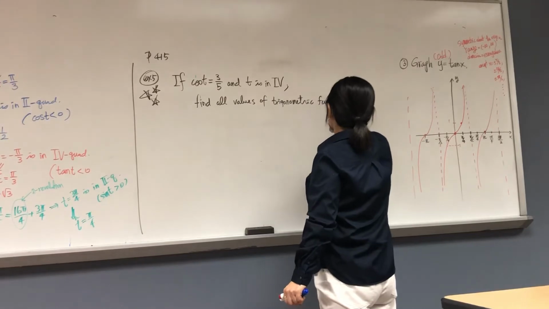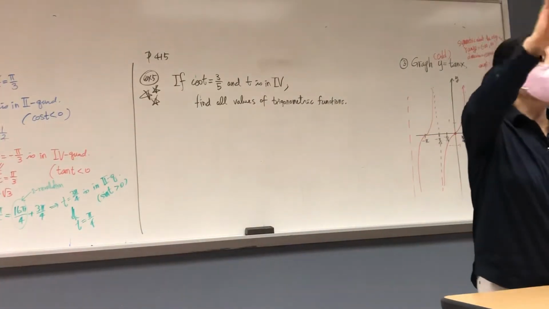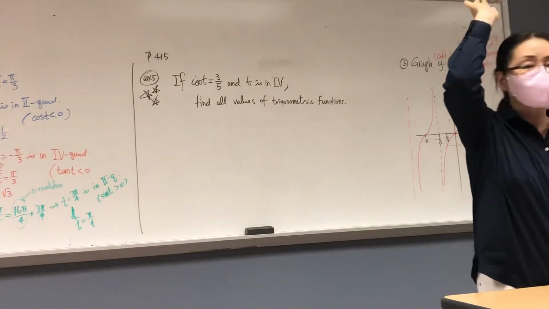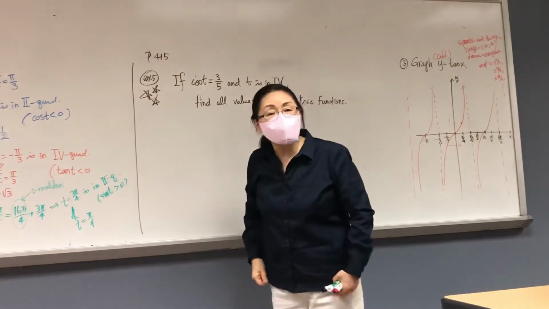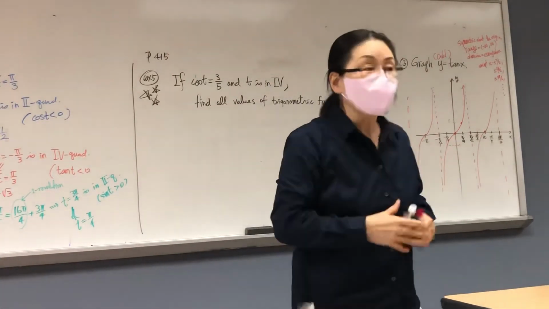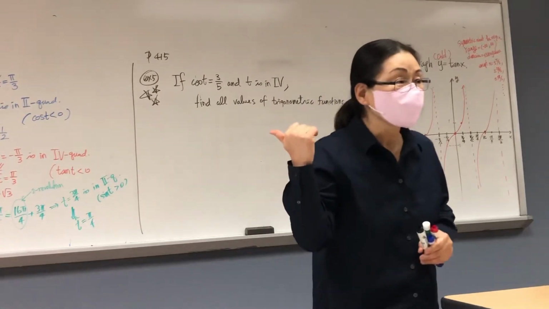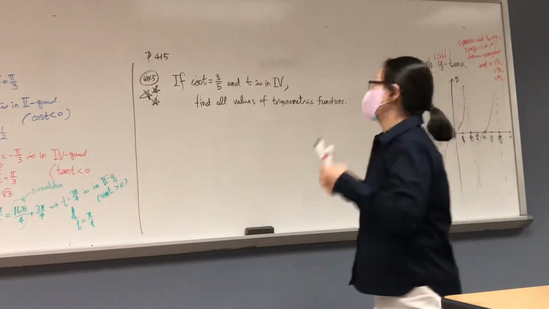I introduced 6 functions, right? Sine, cosine, tangent, cosecant, secant, cotangent, yes? You know cosine, and then the other 5 you have to find based on this. Do you understand the question? Let's go.